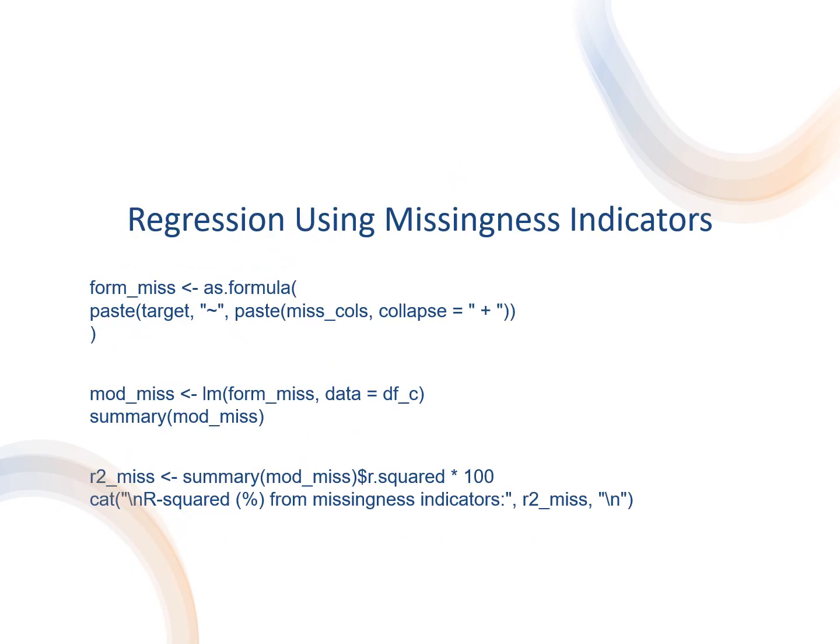The next step is regression using missingness indicators. In this step, I ran a regression model using only the missingness indicators as predictors. This allowed me to test one important question: does missing data itself help predict diabetes?